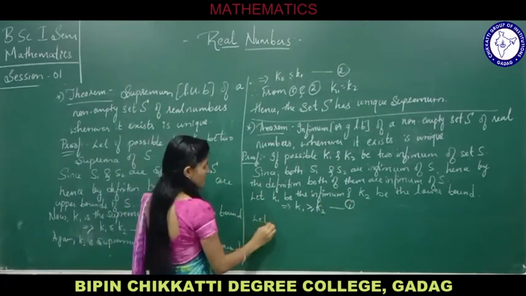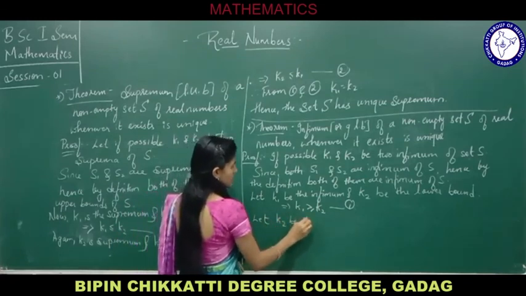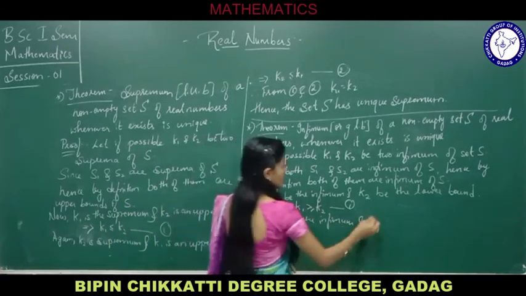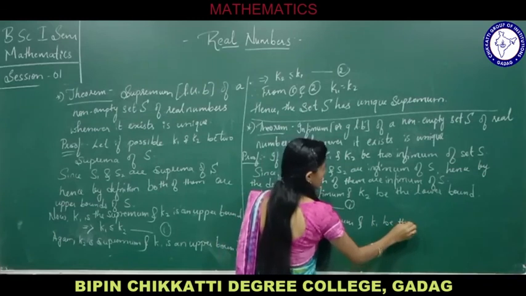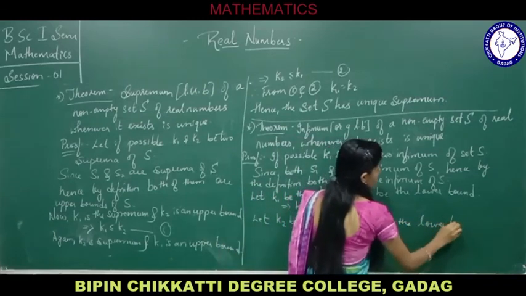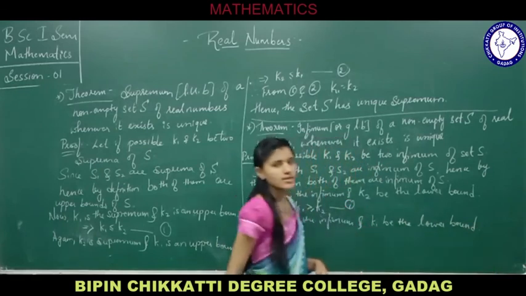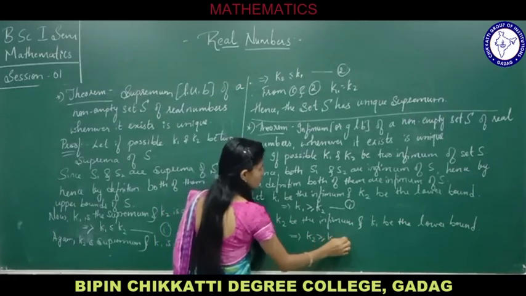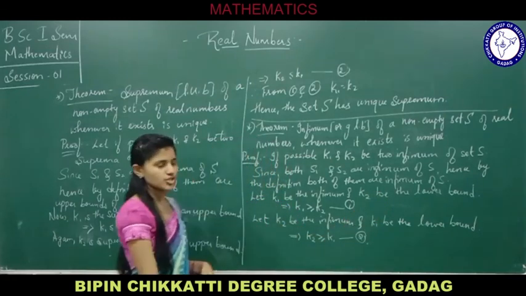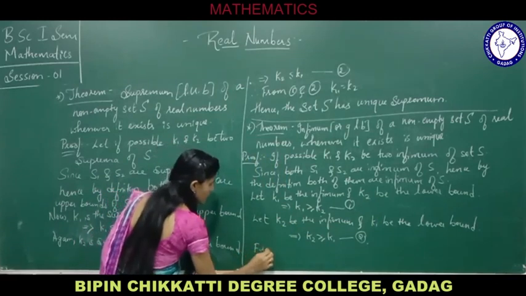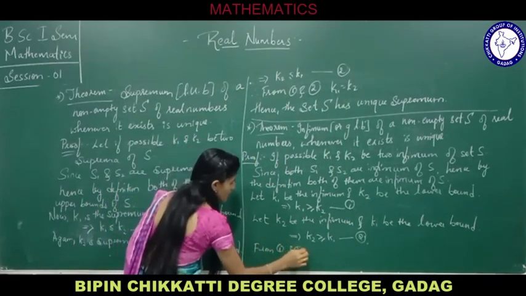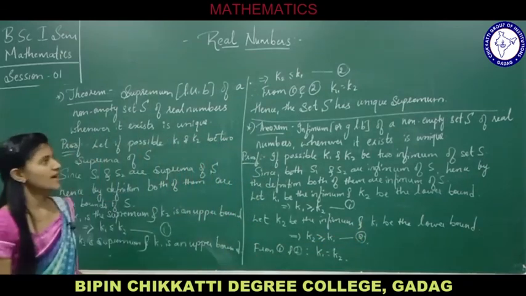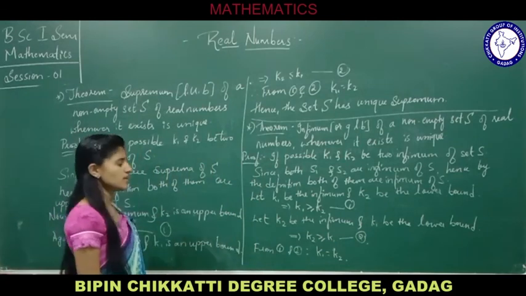The same way, let K2 be the infimum and K1 be a lower bound. Then K2 is greater than or equal to K1. This is equation 2. From equations 1 and 2, K1 is equal to K2. Hence we proved that the set S has a unique infimum.